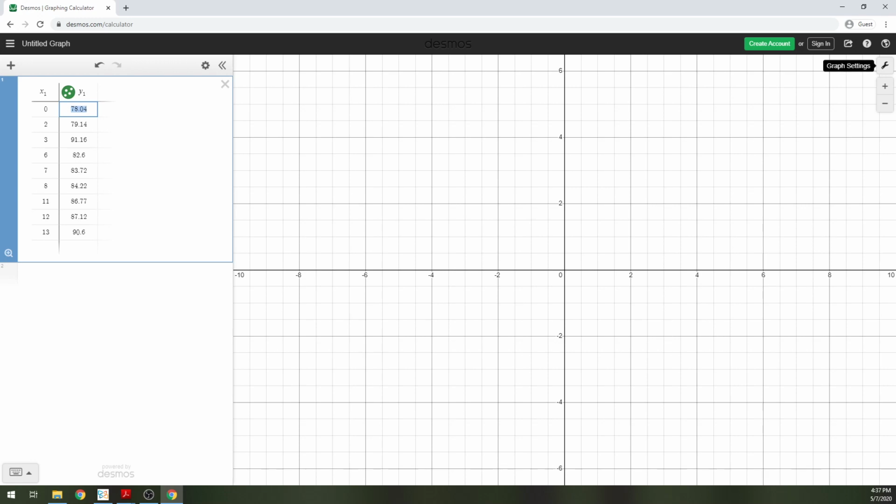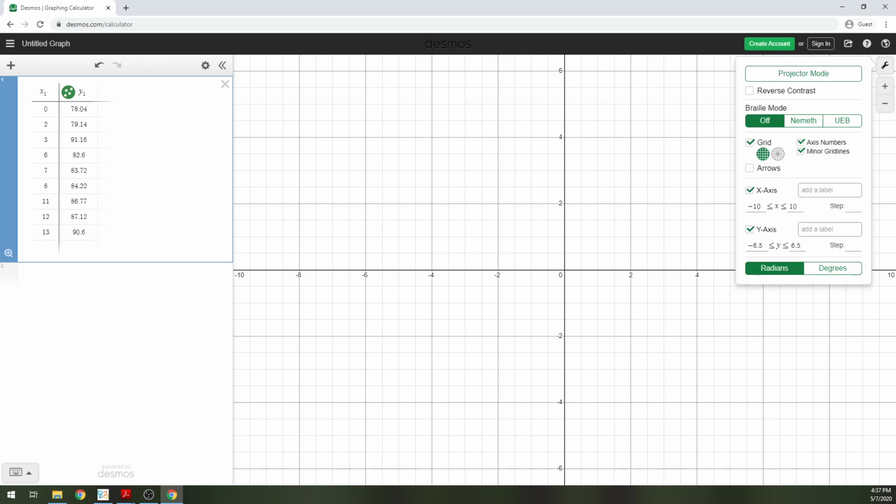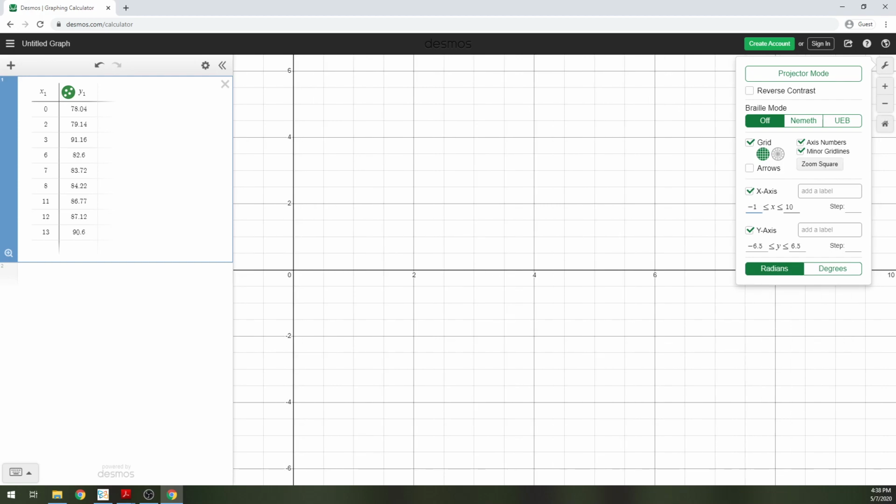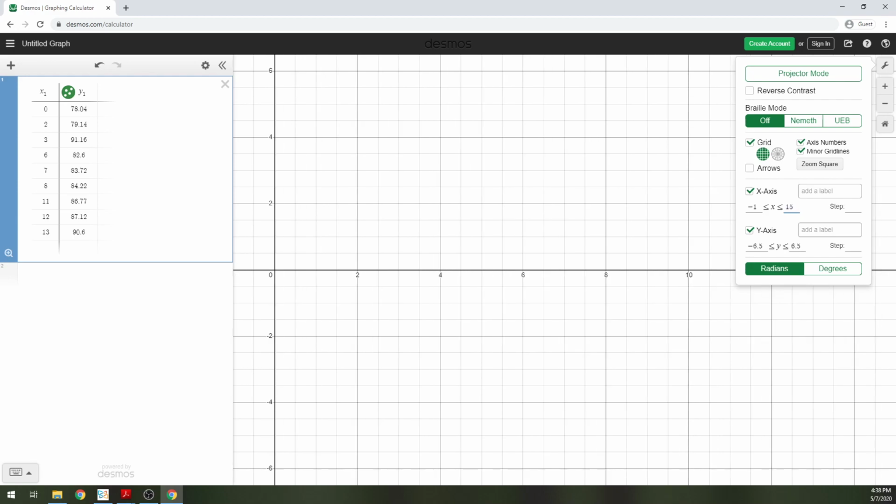So we're going to go to the graph settings here on the top right, and we are going to change the maximum and minimum x and y values so we can see the points that we have drawn. So choose some numbers that will be closer to what we have. So for x values, we're going to go from -1 all the way up to, say, 15.